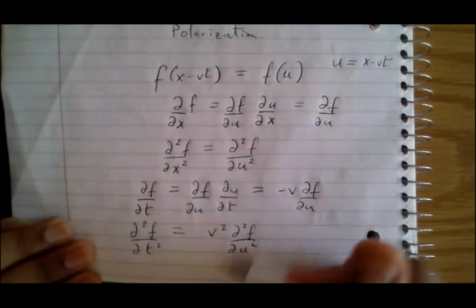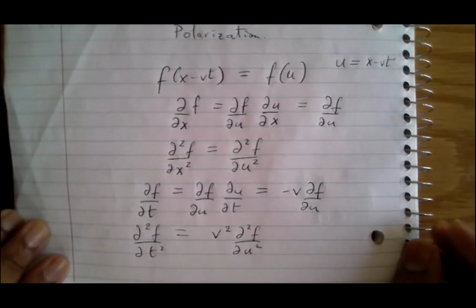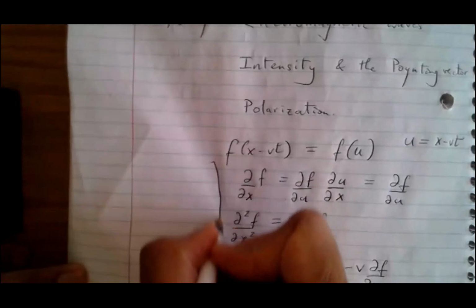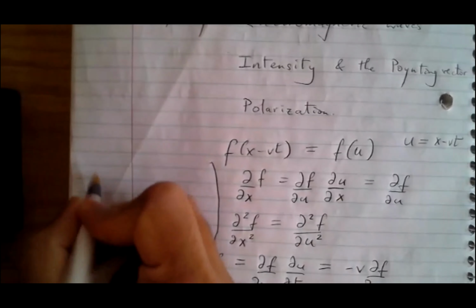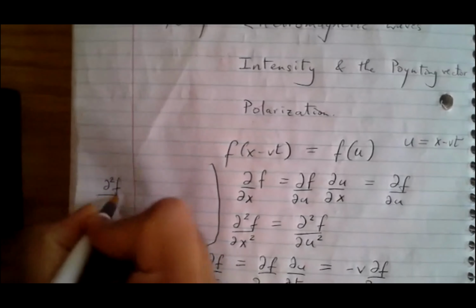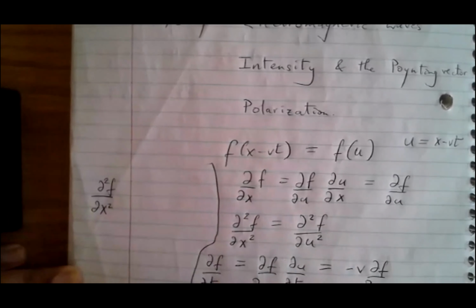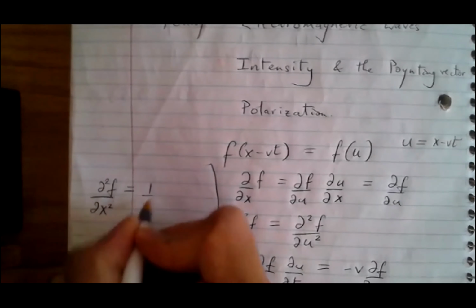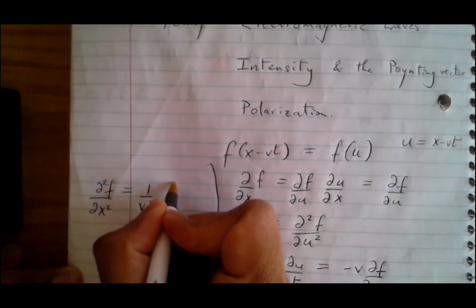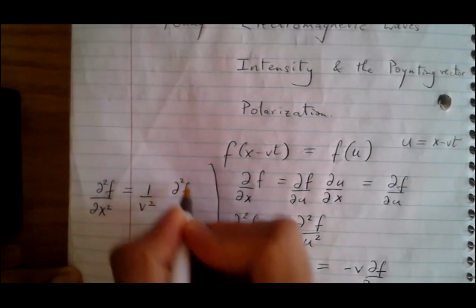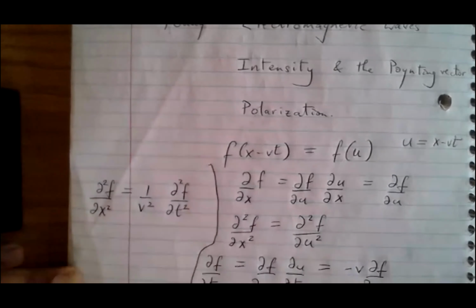Right, so if I put this together, what do I end up with? The second derivative of f with respect to x is, let me make sure I got it, yes, 1 over v squared times the second derivative of f with respect to time.